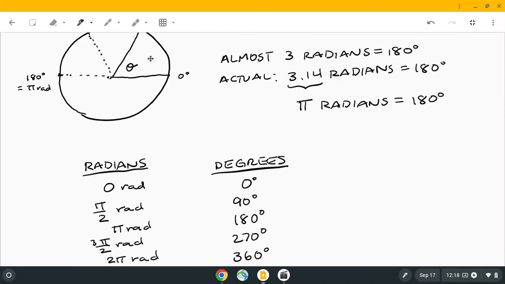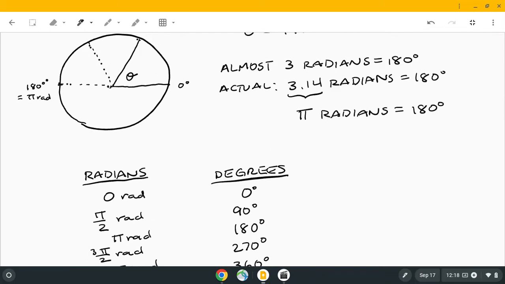All right, so hopefully you're able to see that. Again, if this is 1, then this is 2, right? If that's 1 pi, then that's 2 pi. If that's 1 pi, then this is half a pi. If this is 1 pi, then over here is 1.5 or 3 halves, right?